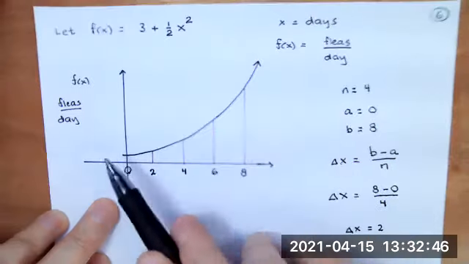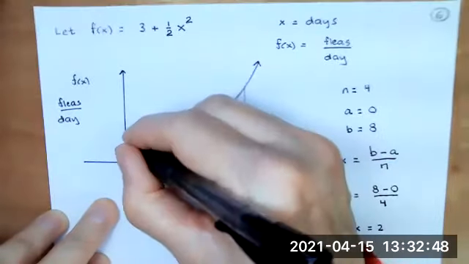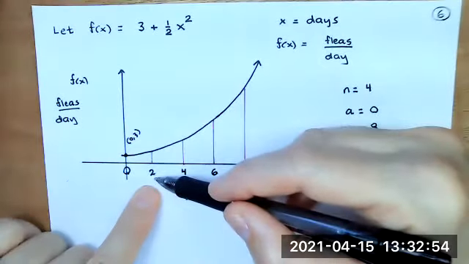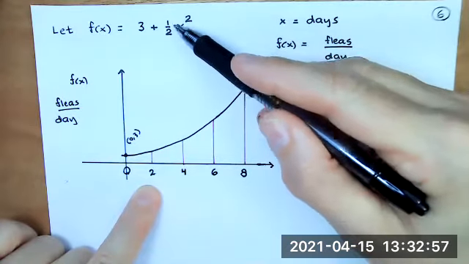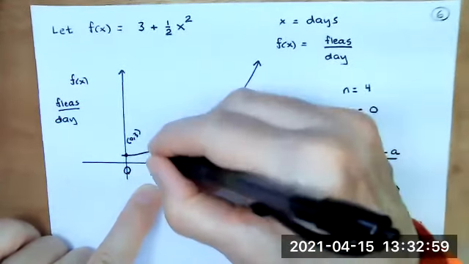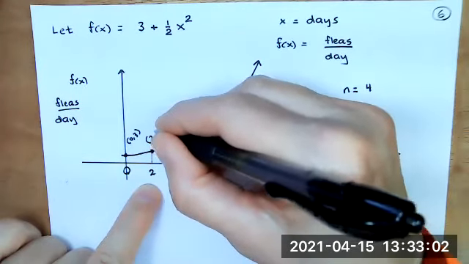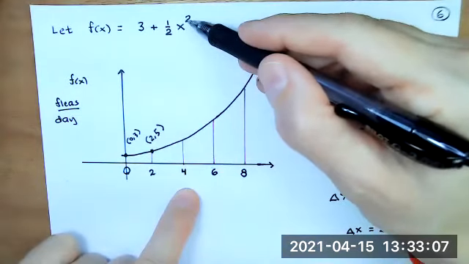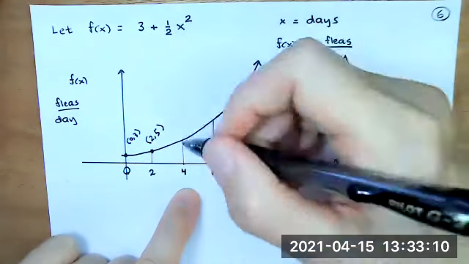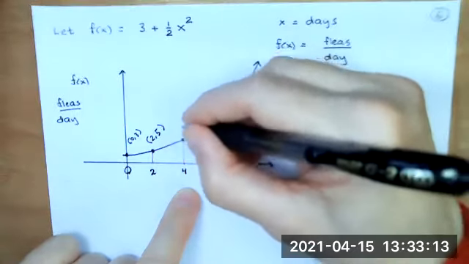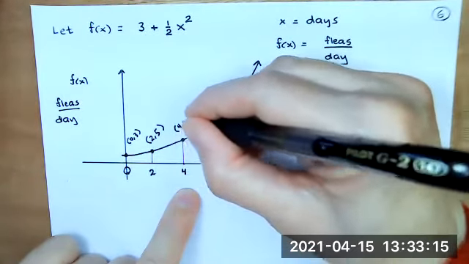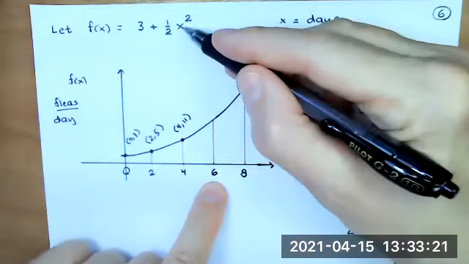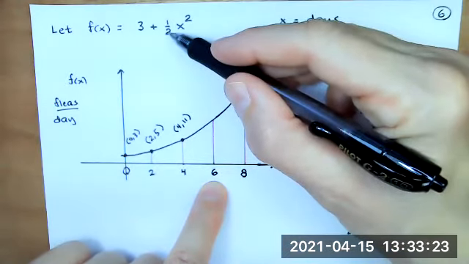So f of 0 is 3. F of 2, 2 squared is 4. Half of that gives me 5. Plug in 4, 4 squared. Half of that plus 3 gives me 11. Plug in 6, 6 squared. Half of that.